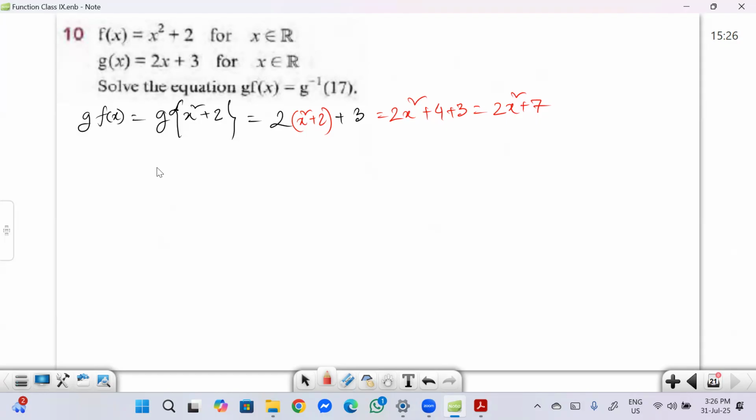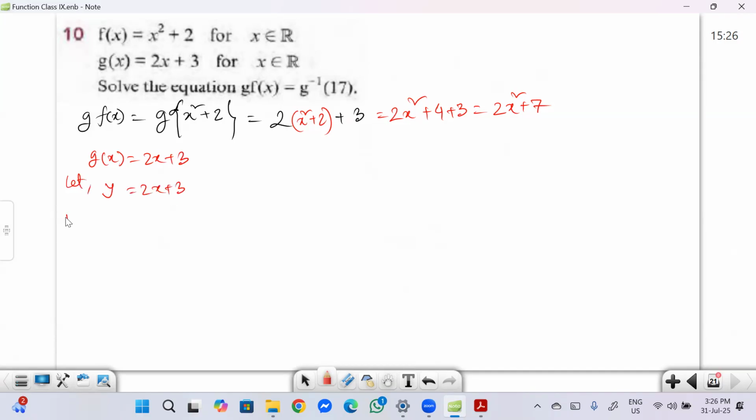Now in the next case, you need to find out g inverse 17. For finding g inverse 17, you first need to find g inverse x. From g of x equal to 2x plus 3, let y equal to 2x plus 3.